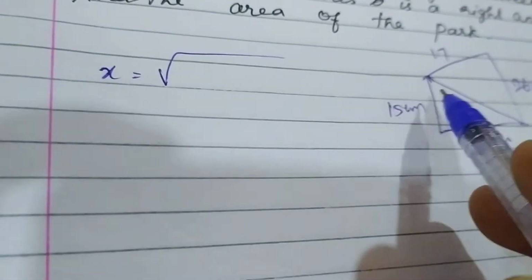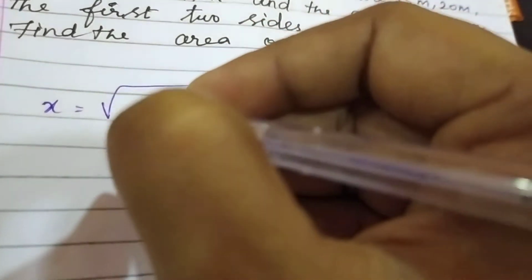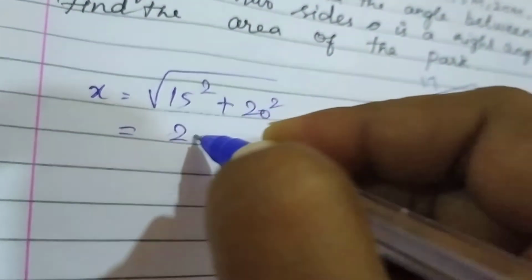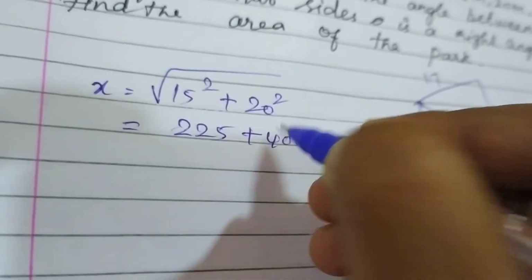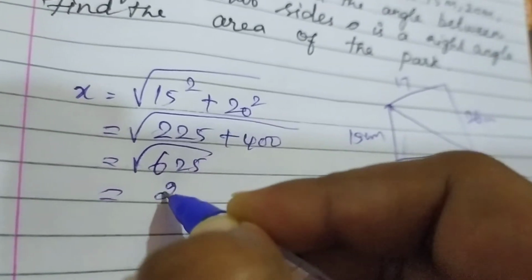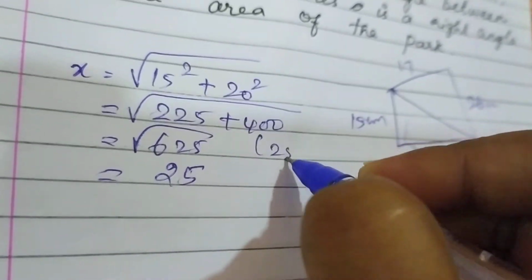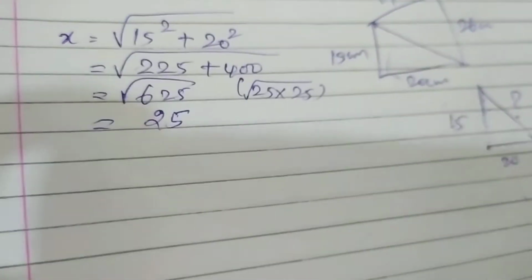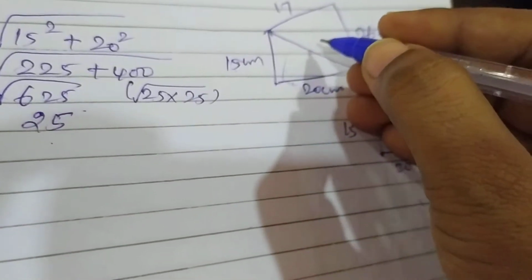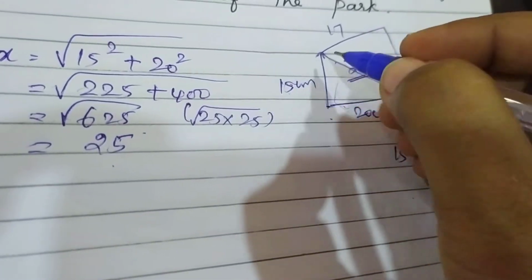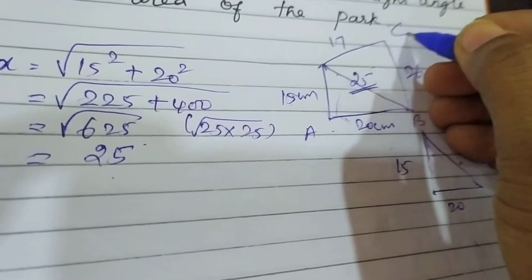So x is equal to root of 15 squared plus 20 squared, which is 225 plus 400, 625. Taking the root, we get 25, because 25 5s are 625. So this side is 25. So first we find this triangle and this triangle. I will name it ABCD.